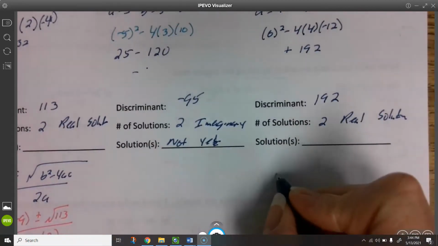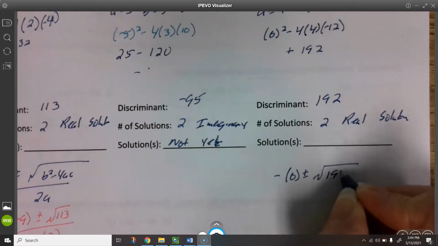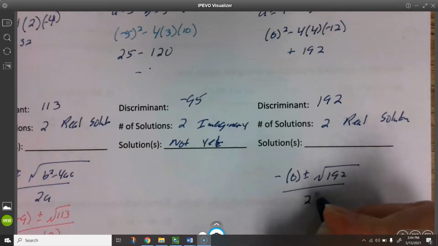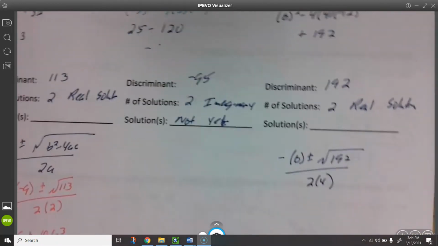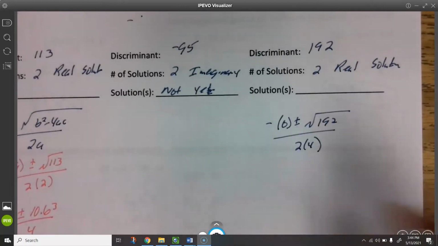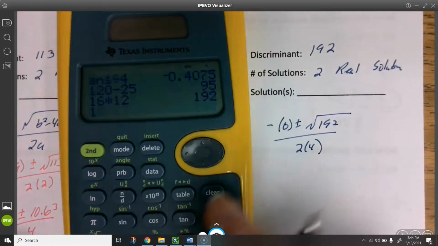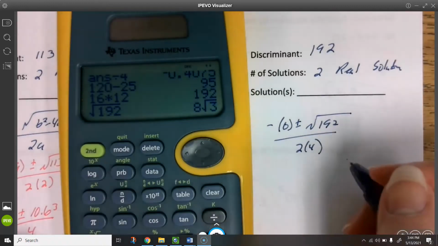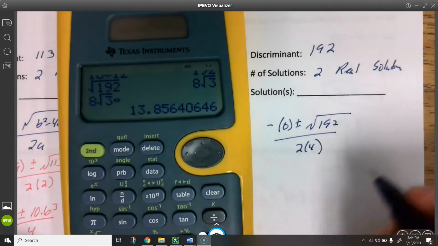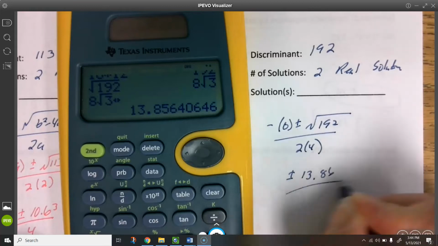Okay, so now that's going to be negative b plus or minus the square root of 192 all over 2 times 4. Oh, this would have been a perfect one to solve by square roots. Square root of 192 is going to be plus or minus 13.86 all over 8.